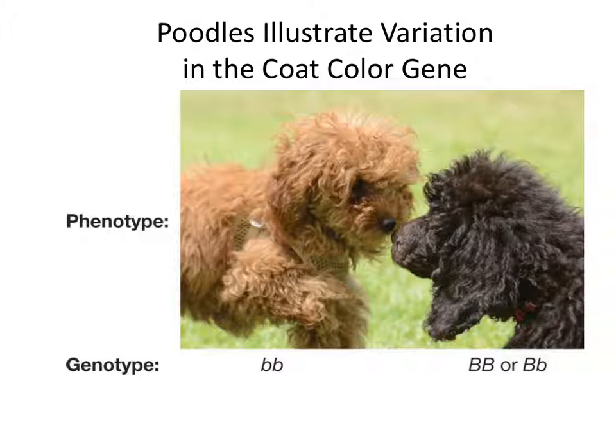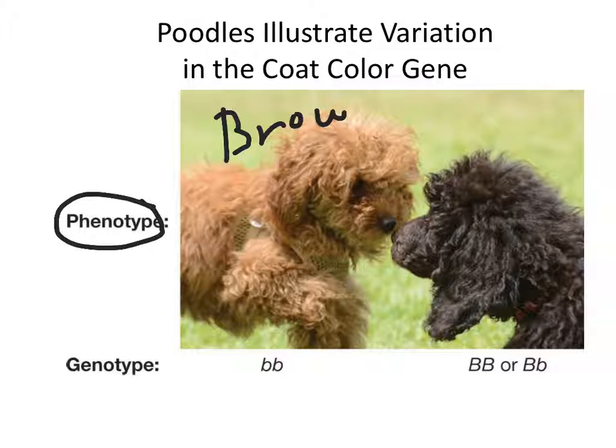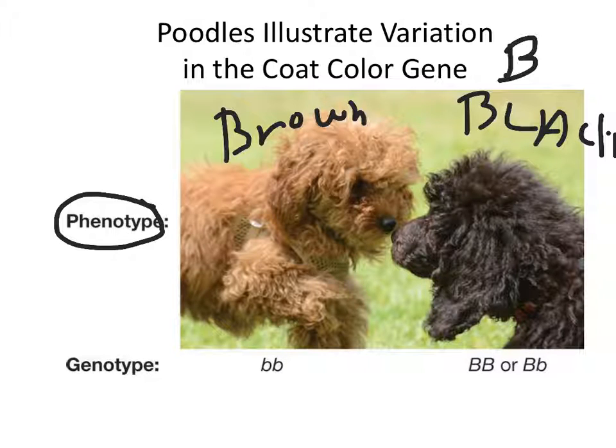And so, in this case, the phenotype, we have brown or black. And we'll say that black is large B and brown is small b. And then the genotypes, in this case, is a dominant expression pattern.